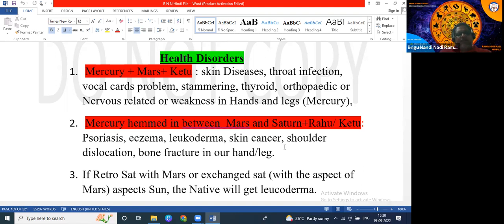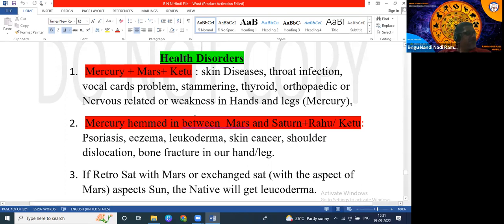So here Mercury is conjoined with Mars and Ketu. Mercury signifies skin, throat, vocal cord, stammering, thyroid, orthopedic problems, particularly hand or shoulder related, and nervous problems. So Mercury is conjoined with Mars and Ketu, and the native will get skin diseases, throat infection, vocal cord problems, stammering, thyroid, orthopedic or nervous problems, and weakness in the legs. So like this we can say.